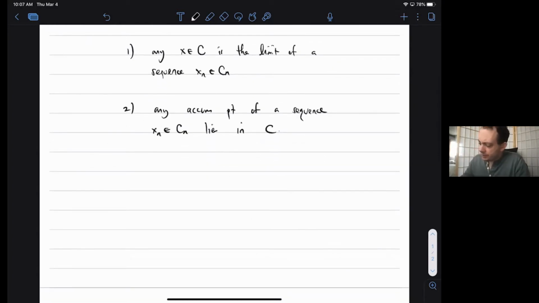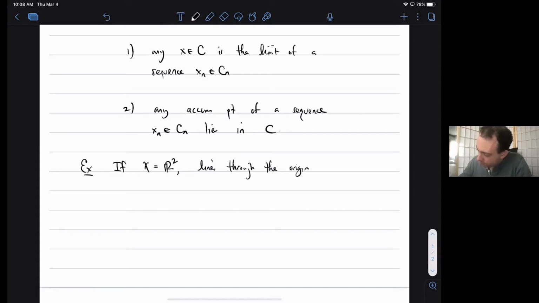Okay. Yeah, and so I think it's instructive to just have an example in mind, right? One nice example is I just take X equal to R2, and then if I look at lines through the origin at angle theta with the horizontal, they converge to the x-axis as theta goes to 0.